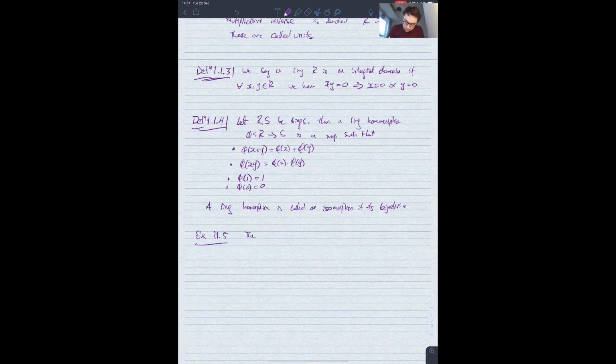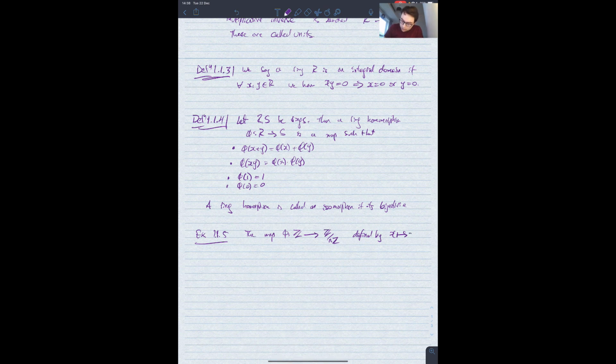The map: you take the integers and you reduce them mod n. So let's go from Z to Z mod nZ, defined by x maps to, this arrow denotes maps to, so this is telling me what the element maps to, x maps to x modulo n.